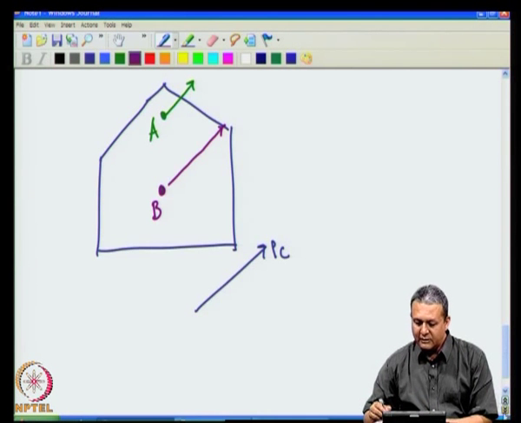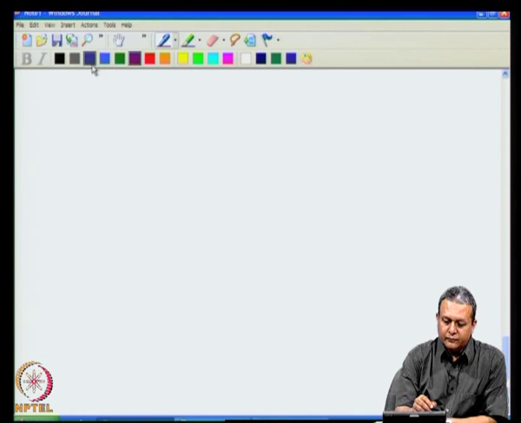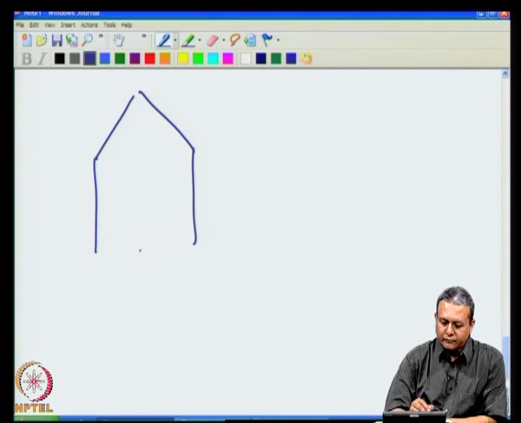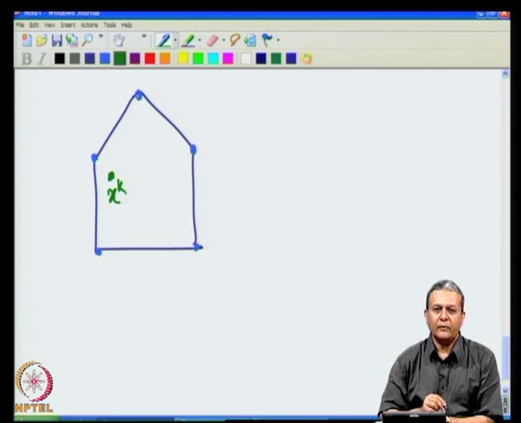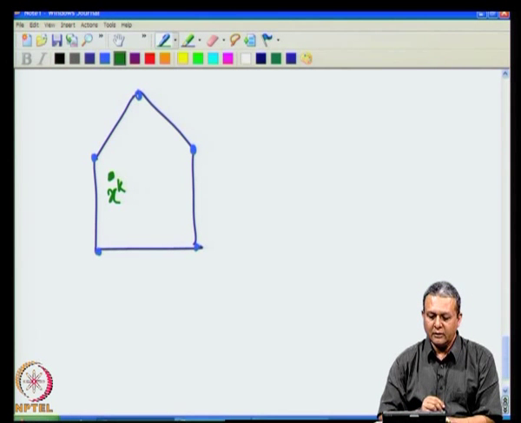For example, suppose that this is our initial feasible region and these are the vertices. Suppose that the current point is here. Let us call it xk, the current point, which is in the interior of the set.